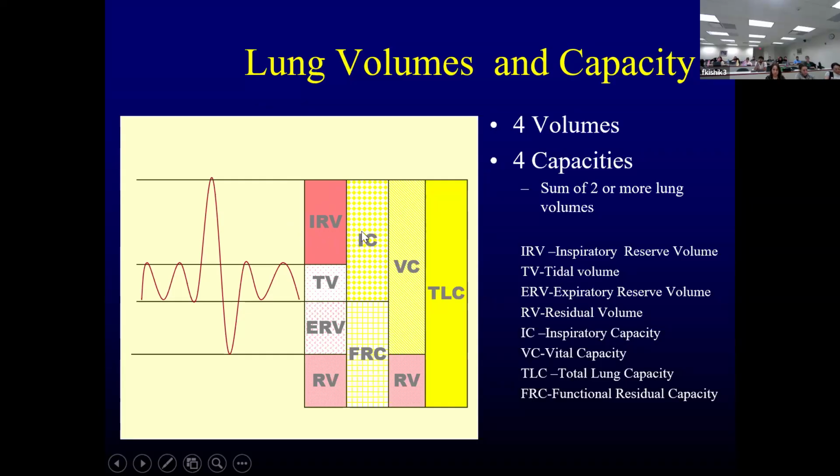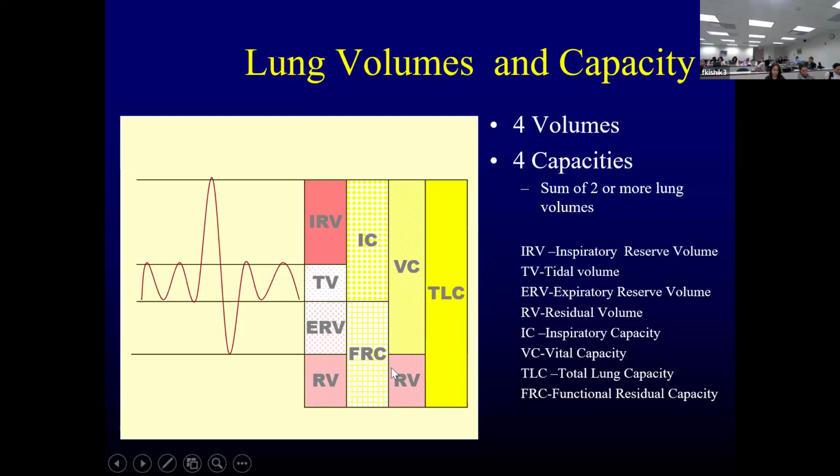If I combine inspiratory reserve volume, tidal volume, and expiratory reserve volume, that's called vital capacity. Folks, vital capacity is a very important measure in pulmonary medicine. I will go on referring to it as vital capacity or forced vital capacity, FVC.